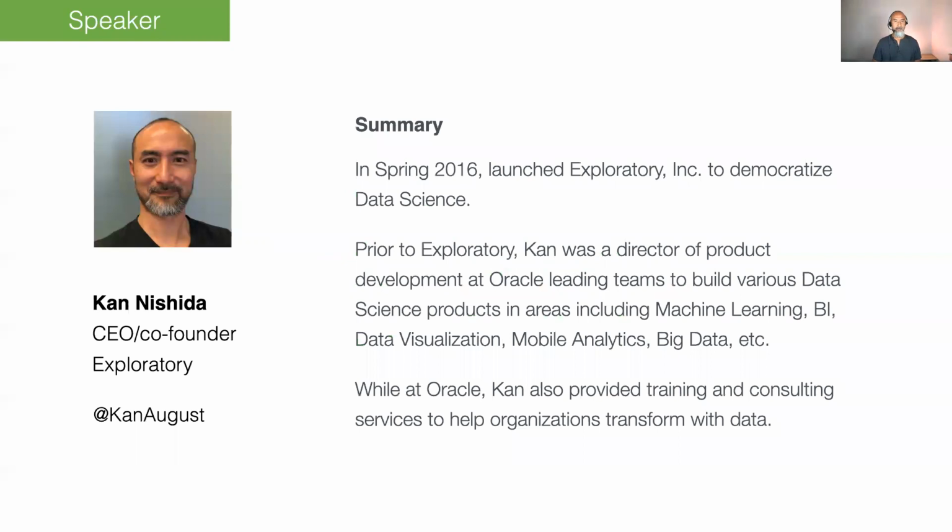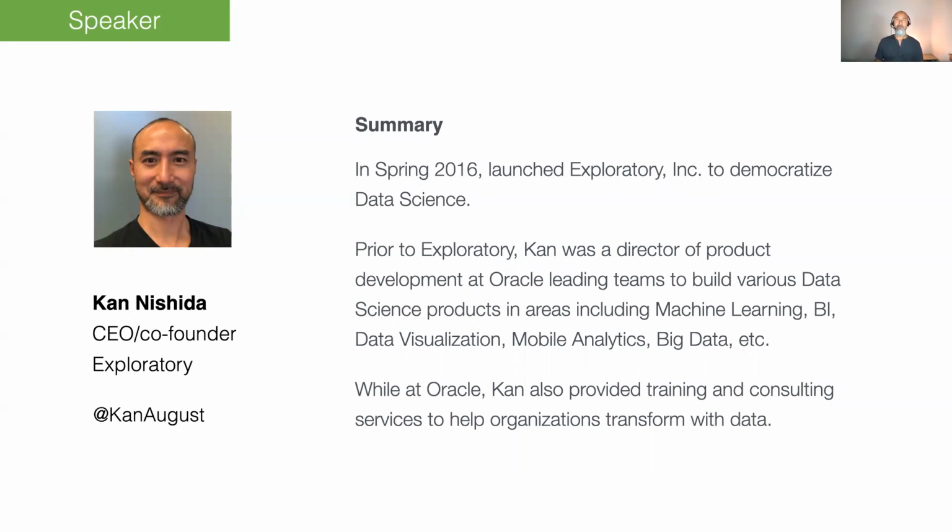Let me introduce myself. My name is Kan Nishida, CEO and co-founder at Exploratory. We started Exploratory back in spring 2016 to democratize data science. Since then, we've been building a tool called Exploratory to make it easier to access all the data science methods to analyze or visualize your data in a very flexible and easier way.